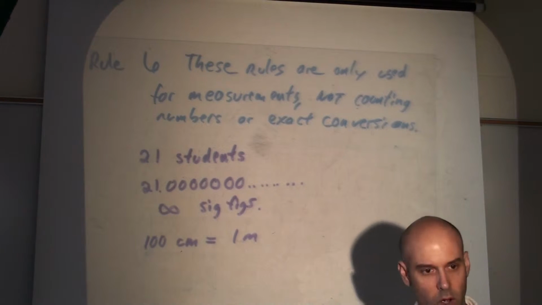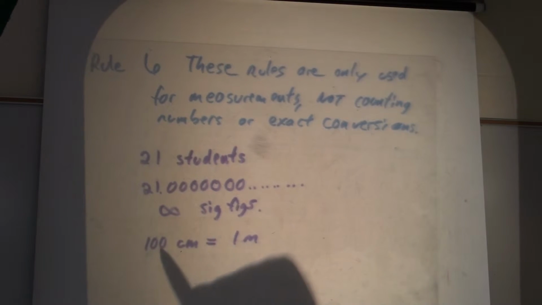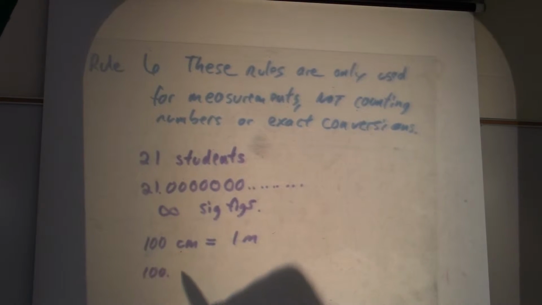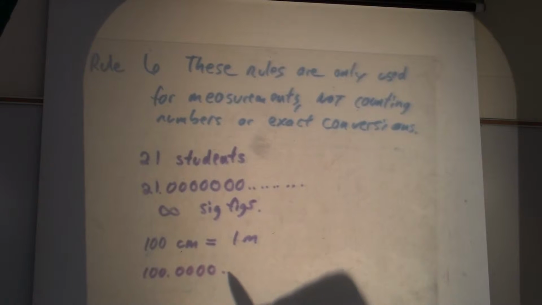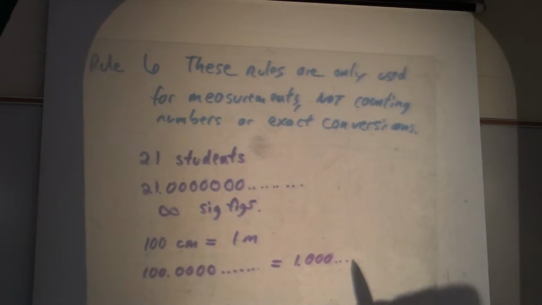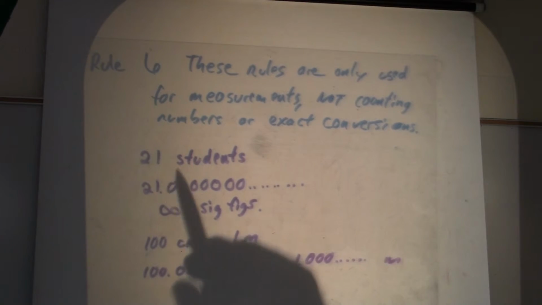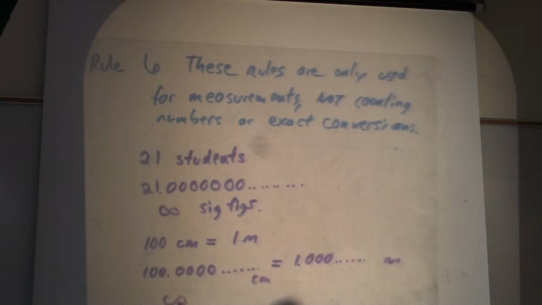So it was by definition. They chose that. Technically speaking, it's 100.0000 is equal to 1.0000. And so, just like with the 21 students, this has an infinite number of sig figs, and this has an infinite number of sig figs.